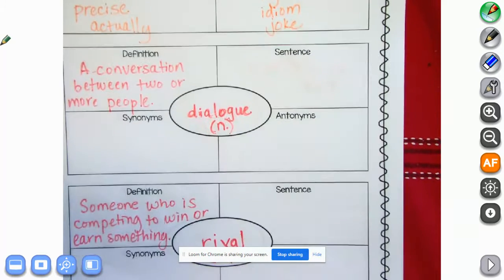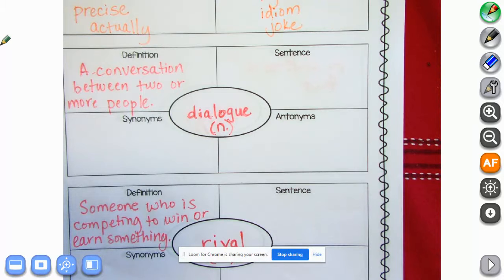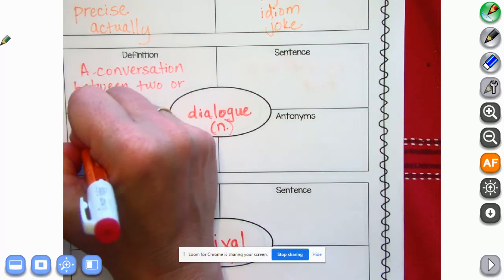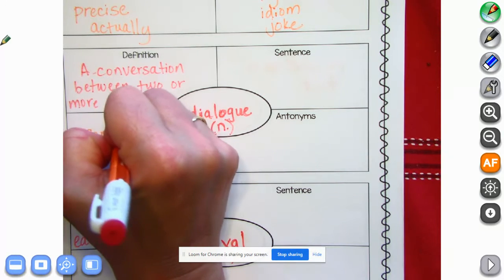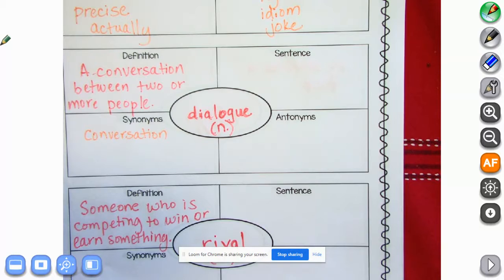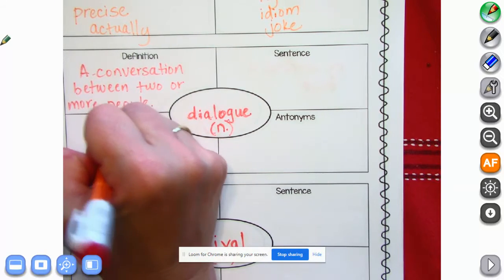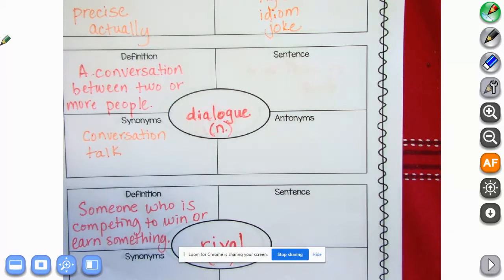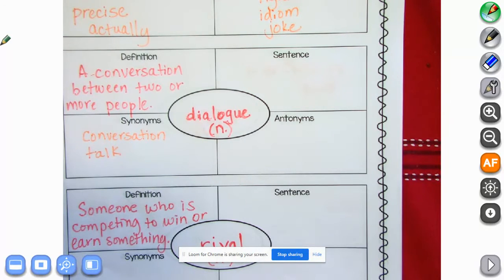All right, we're going to go to dialogue, a conversation between 2 or more people. So that's a conversation. That's another word for dialogue. And what's another thing we usually use? The word talk. Talk or conversation is the same as dialogue.